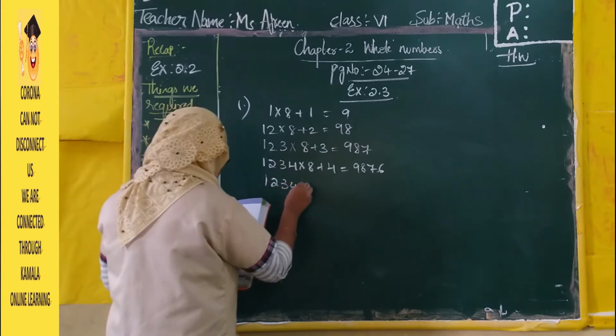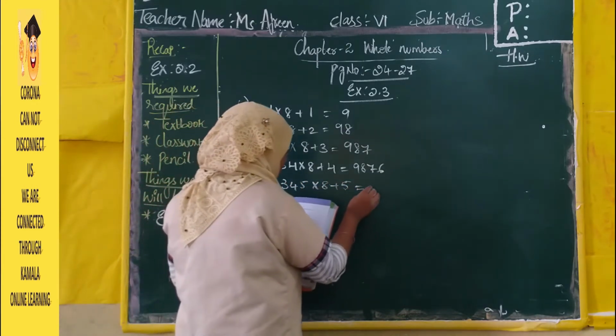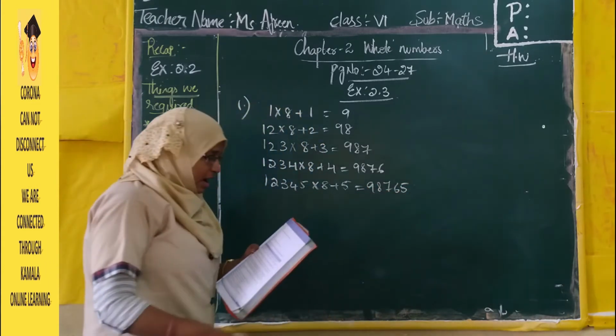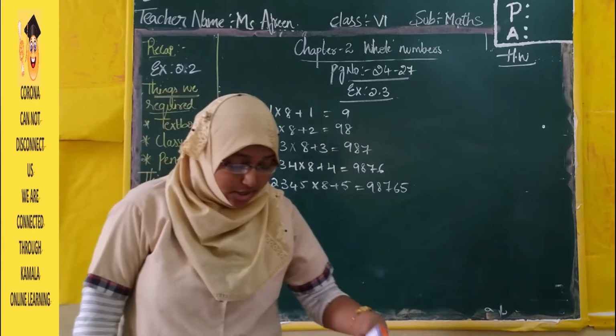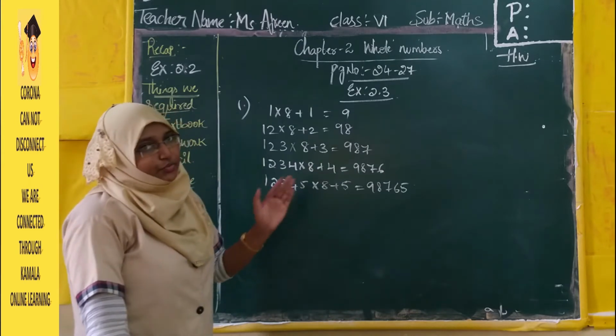So 12345 into 8 plus 5 is 98765. This is what they have given. Try the next 4 steps. Can you find out how the pattern works? Now they are telling us to observe the pattern and write the next 4 numbers.